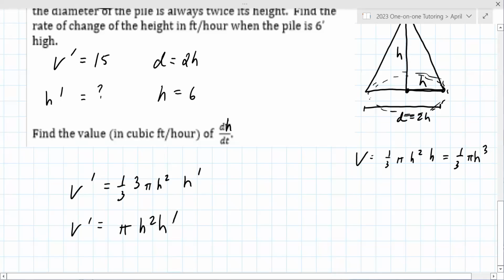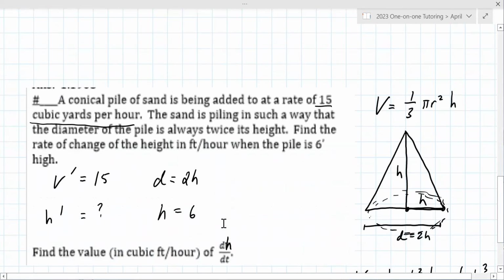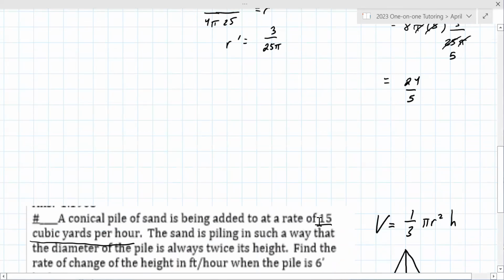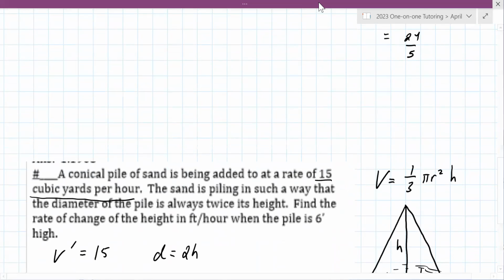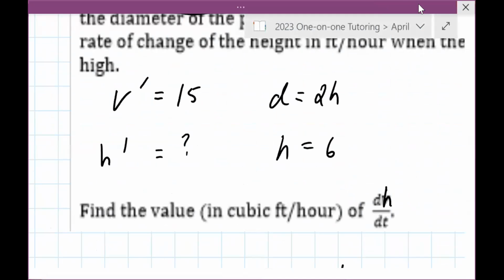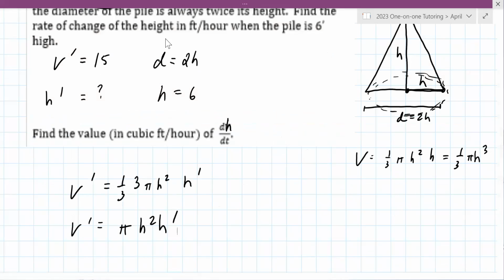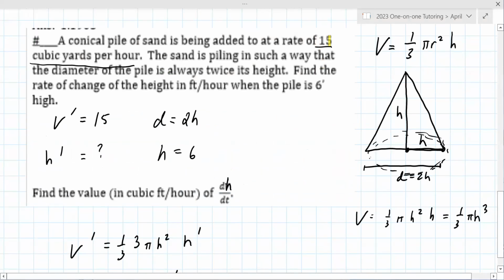All right. So do you have V prime? Is it given in the question? Let's take a look. Isn't it 15? Sure looks like it. It also appears that I wrote down V prime as 15.